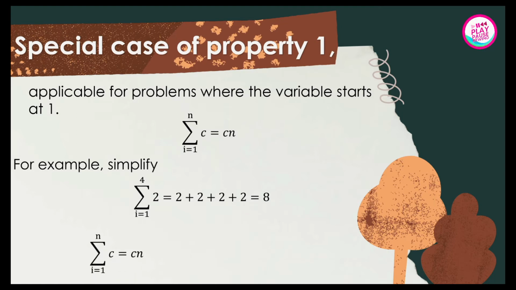Using the special case of property 1, the summation of c from i = 1 to n is equal to c times n. So the summation of 2 from i = 1 to 4 is equal to 2 times the value of n, which is 4, equal to 8.